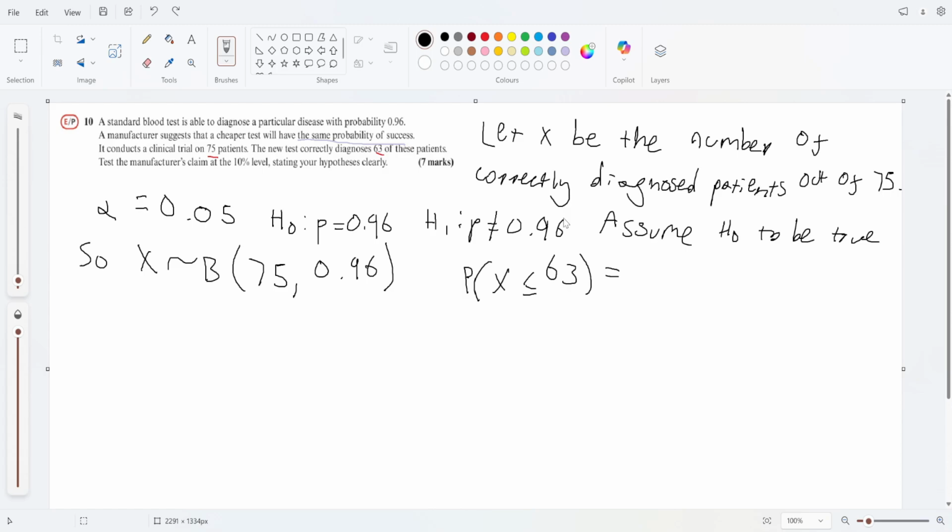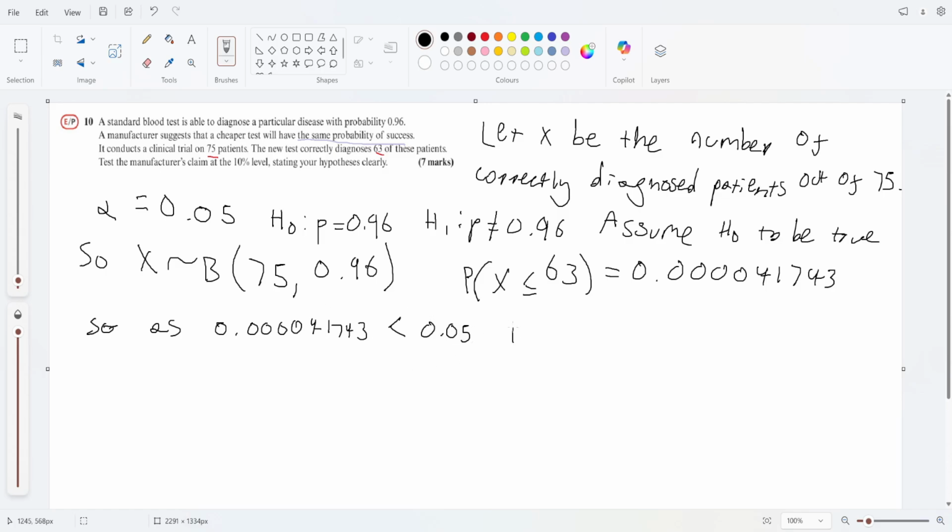But if I just go into my calculator and go to binomial CD, I'm going to have X as 63, N as 75, and P as 0.96. And you should get a value of 0.0000041743. And that, using my example before, as 0.0000041743 is a lot less than 0.05, it cannot break this barrier right here, so it cannot be accepted in.